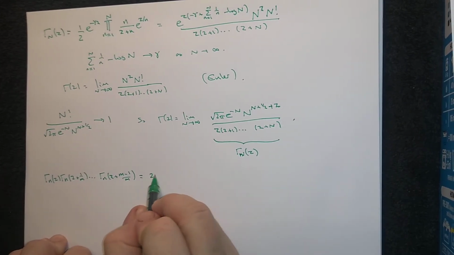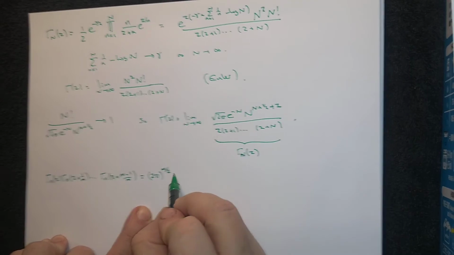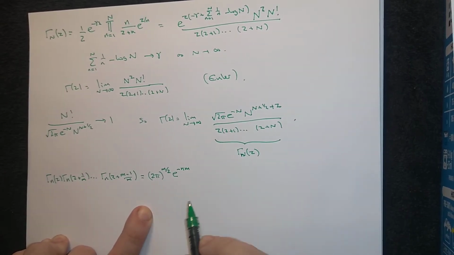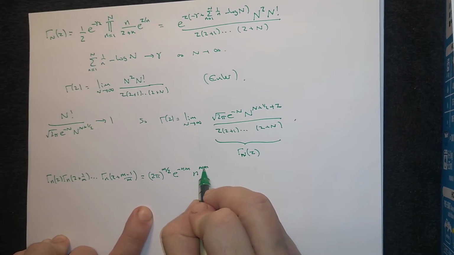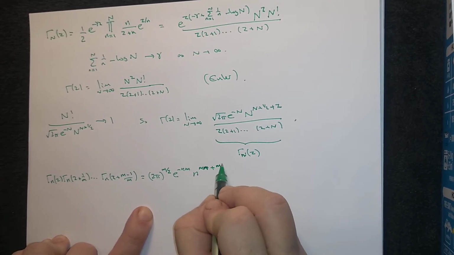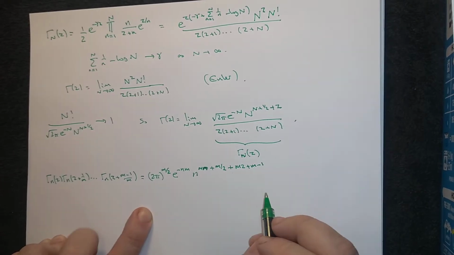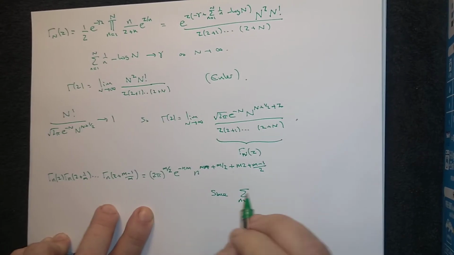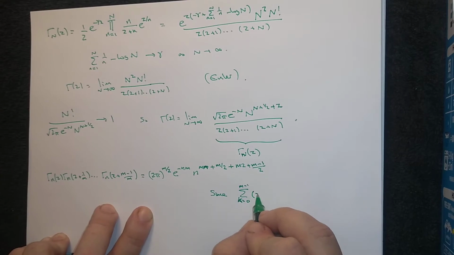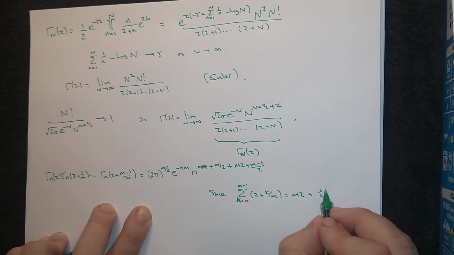So that gives me 2 pi to the m over 2, e to the minus n m, n to the mn plus m over 2, plus from this term we get mz plus m minus 1 over 2, since the sum, I should put k equals 0 up to m minus 1 of z plus k over m is mz plus a half m minus 1.